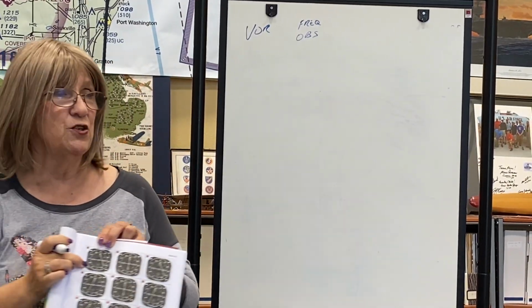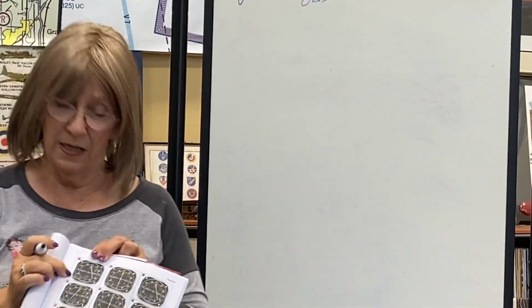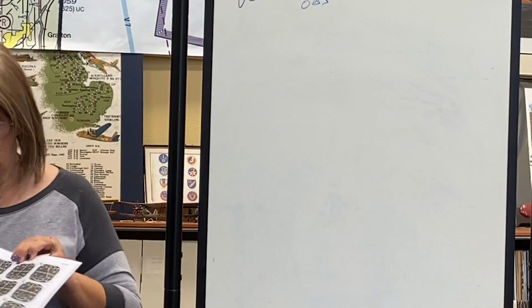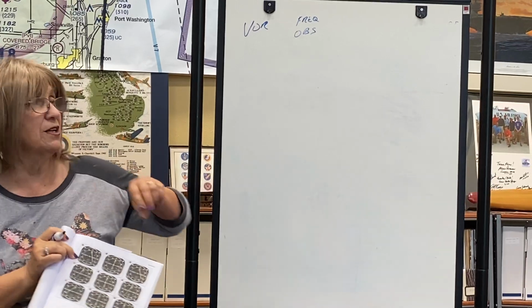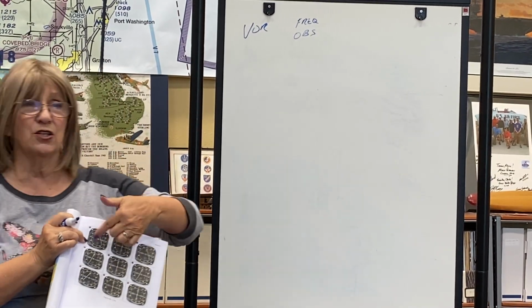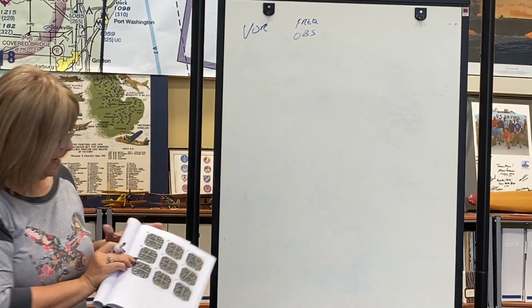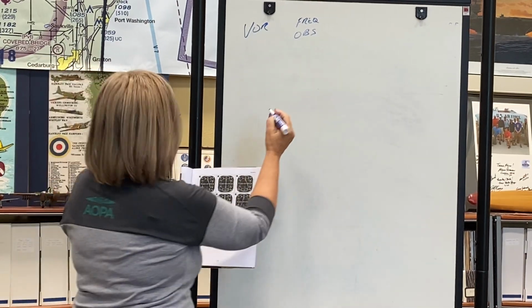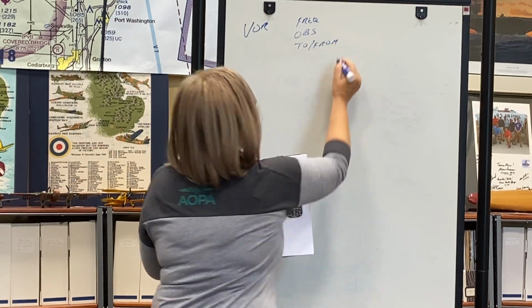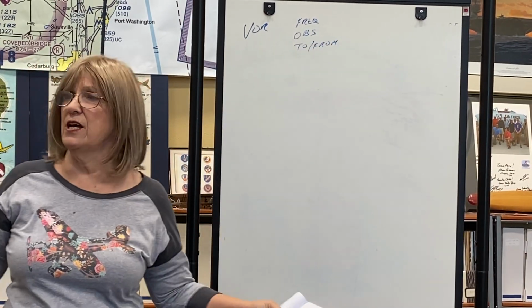Everybody's with me on the page? Page 2-27 in the supplement book. I see the little knob there, and basically I can turn this outer ring. You can't tell that on the picture, but I can turn that outer ring, and that's my OBS. I'm going to have a to/from flag, telling me if I'm going to the station or from the station.